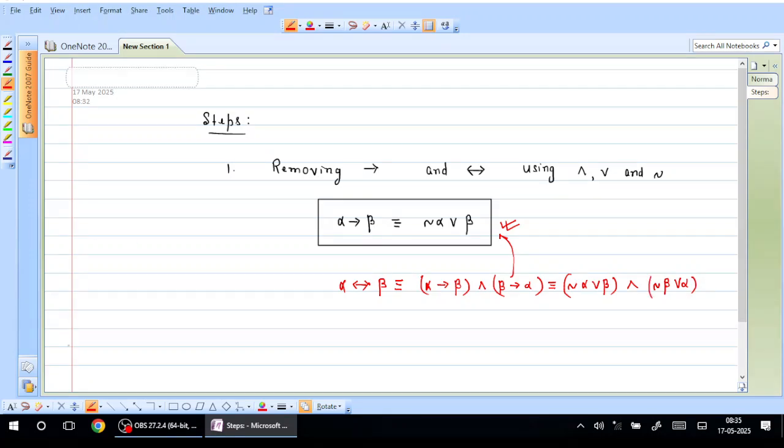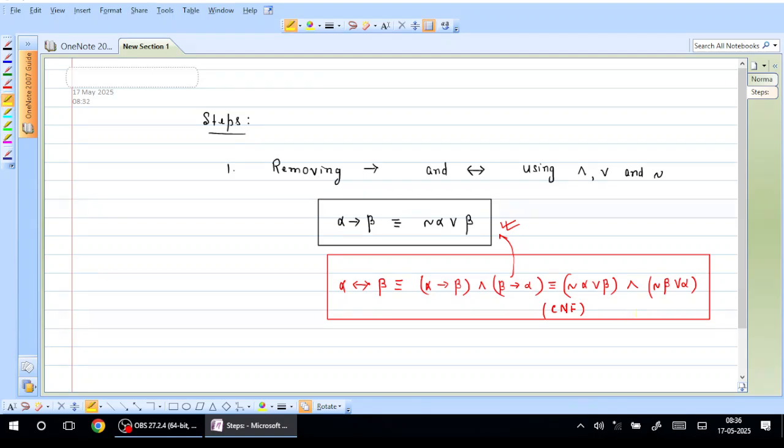So this step I will use for CNF conversion. This should be remembered because CNF means conjunction. Conjunction means meet. Here I have meet, conjunction, that is product of elementary sums. You can see it is a conjunction of elementary sums.